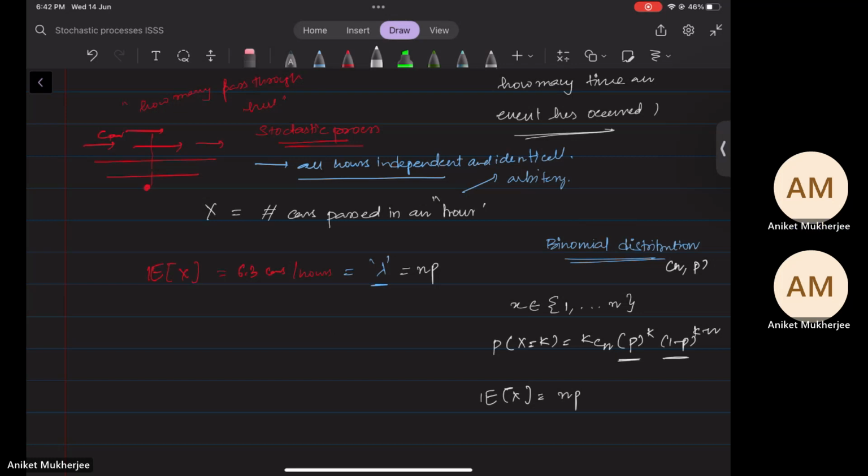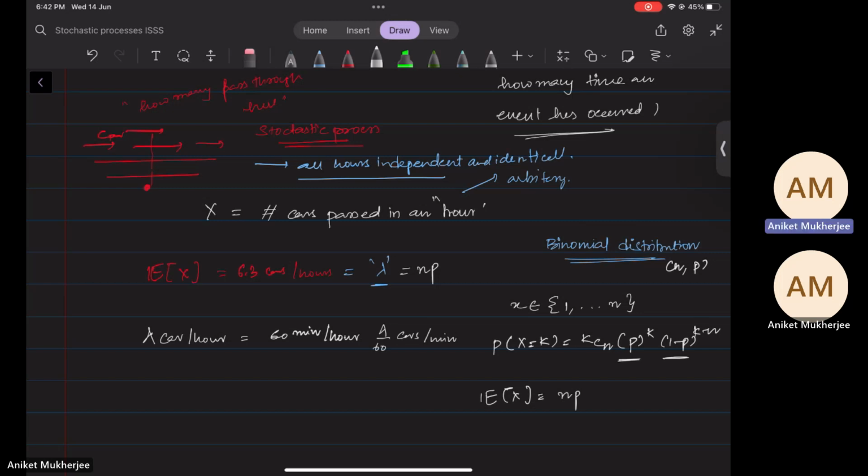So now what you do is, with lambda cars per hour, you say okay, I'll split this hour into a number of experiments. So I have 60 minutes per hour and lambda by 60 cars per minute.